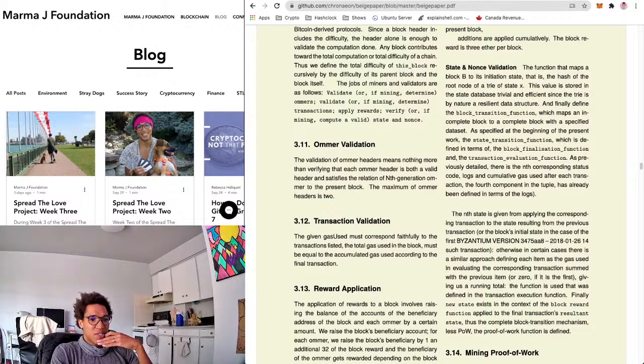The function is used that was defined in the transaction execution function. Finally, the new state exists in the context of the block reward function applied to the final transaction's resultant state. Thus, the complete block transition mechanism, less proof of work, the proof of work function is defined.